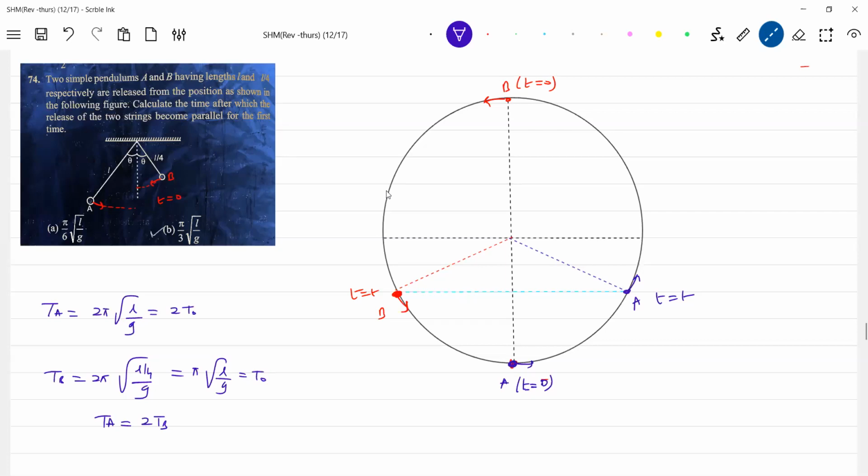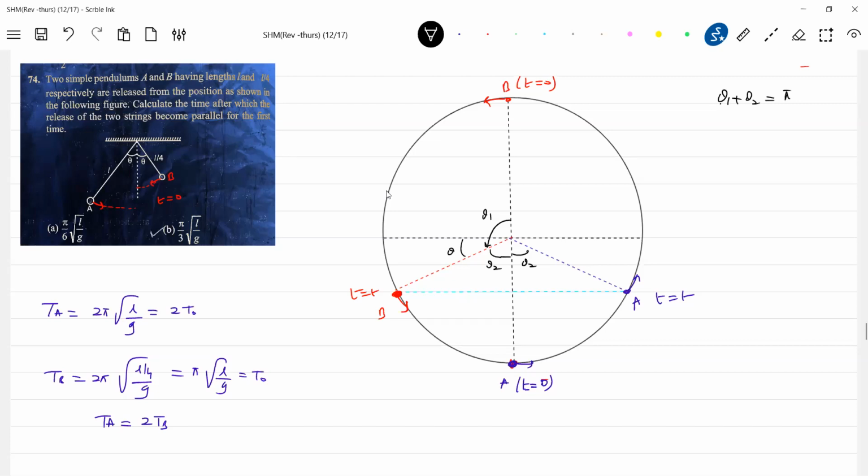So these angles we can write: this will be theta 2, theta 2. Let me take this as theta 1. And these two angles must be equal. So theta 1 plus theta 2 is pi.